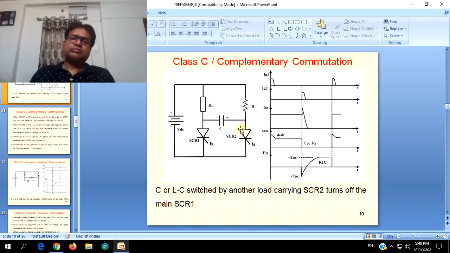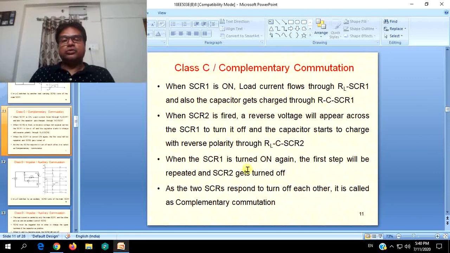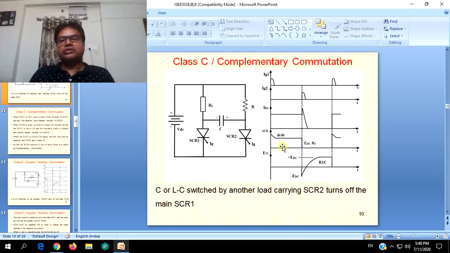Once SCR2 is turned on, immediately reverse voltage will be applied across SCR1, and the current will be shared, or it will flow via the load resistance, this resistance and SCR2. When SCR2 is fired, a reverse voltage will appear across SCR1 to turn it off, and the capacitor starts to charge with reverse polarity through RL, C and SCR2.